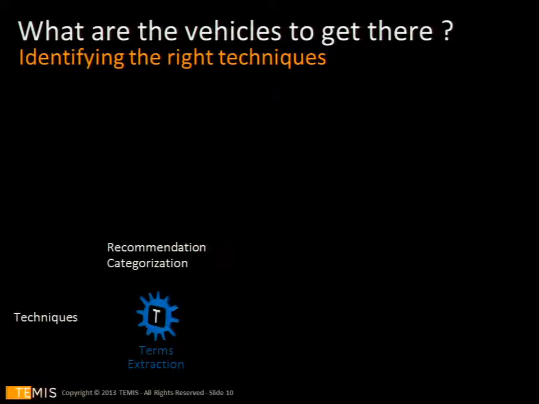Okay, so the first one is term extraction. When I say term extraction, it's a little bit simplistic. In reality, it's the extraction of the terms, and in many cases, the extraction of the noun phrases, so a group of terms with a specific meaning. And of course, the ranking of the terms. A noun phrase usually carries more weight than a single term.